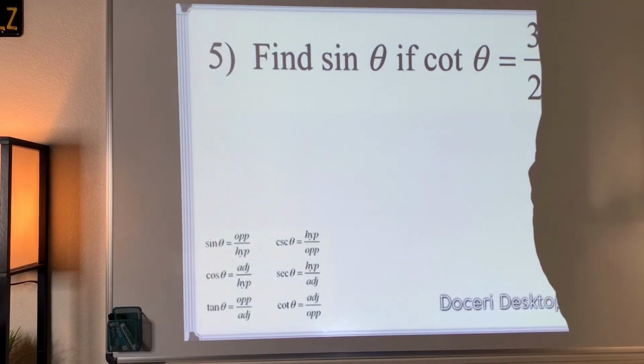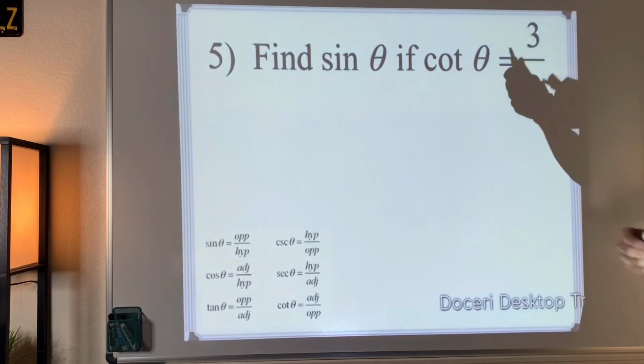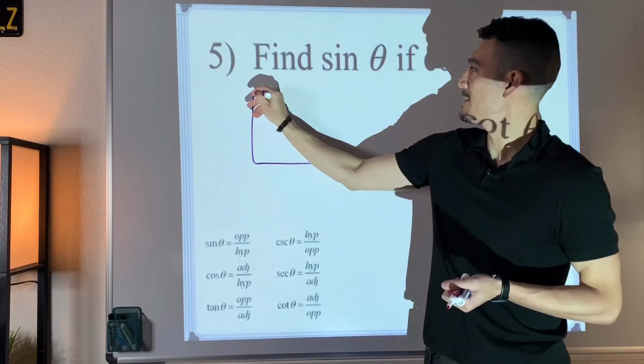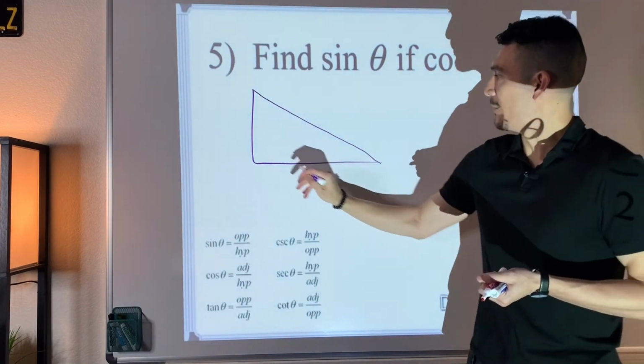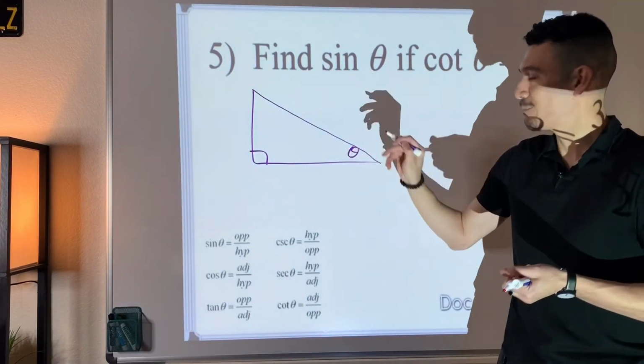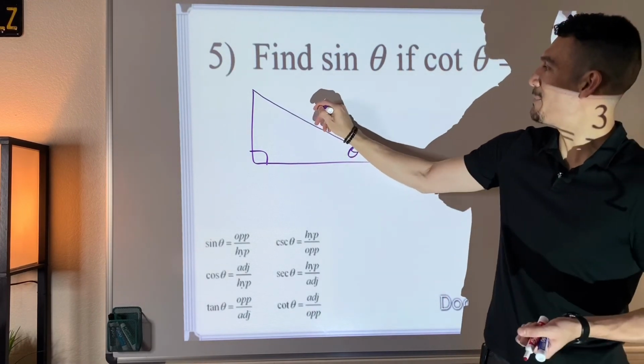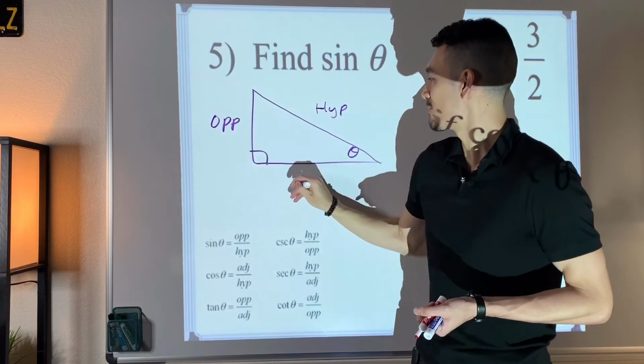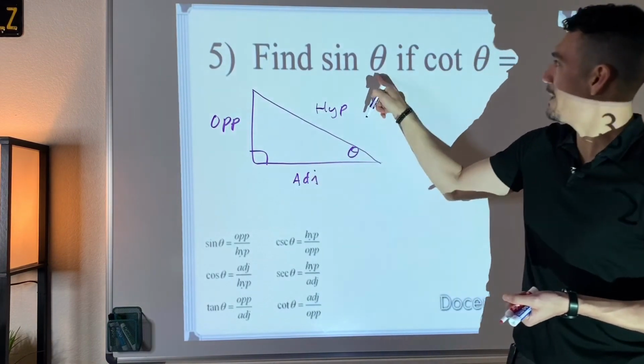Let's see. So we have, what do we have? We have no picture. A missing picture. There it is. Back. Picture theta there. This is the hypotenuse. This is your opposite. Adjacent. This is the goal.